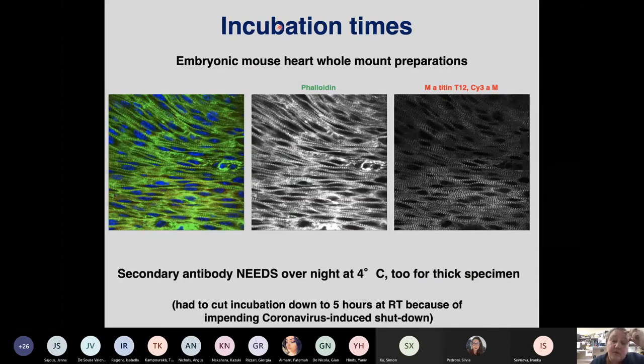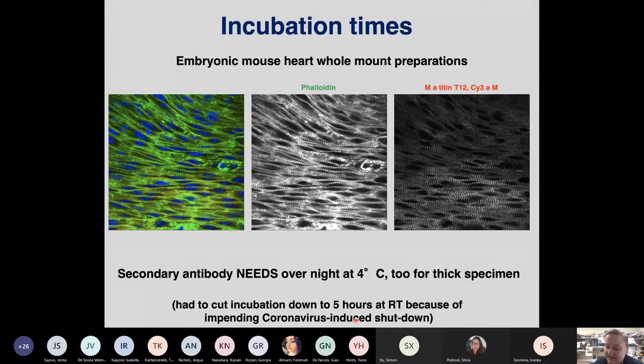Then you have to put your reagents on your sample, and depending on what you're looking at, you have different incubation times. Now, this picture I wouldn't have been able to show to you without COVID, because this experiment was forced upon me by the impending coronavirus-induced shutdown. What I often do is stain whole mount preparations of embryonic mouse hearts.